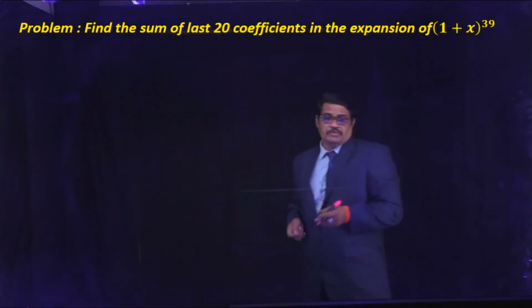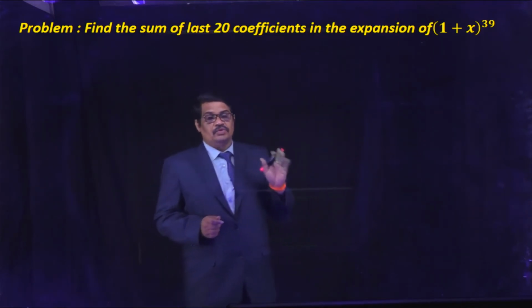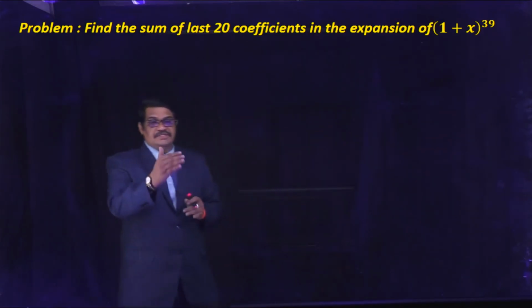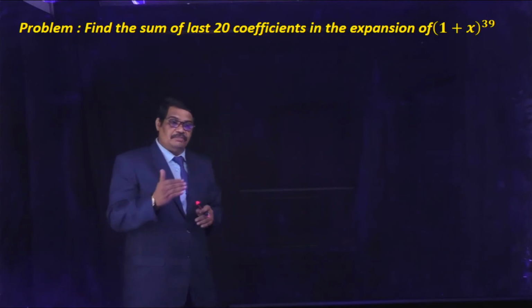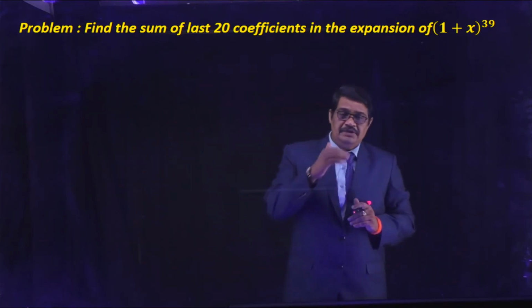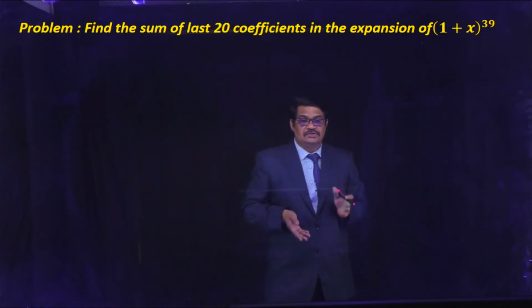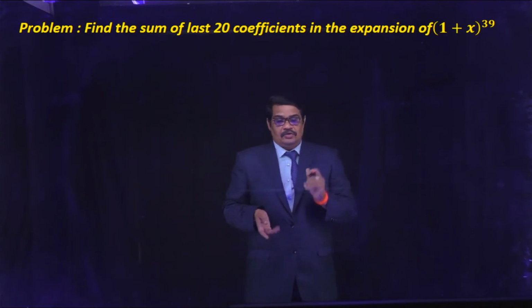Okay, another problem. Find the sum of the last 20 coefficients in the expansion of (1 + x)^39. In this expansion, we have to find the sum of the last 20 binomial coefficients.